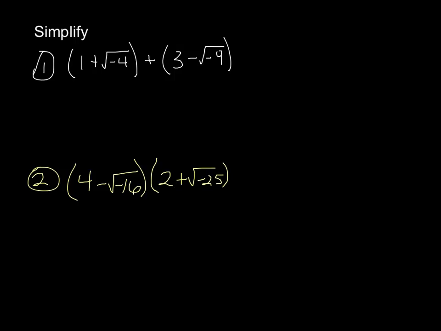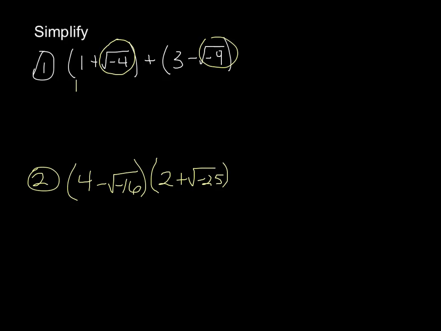Okay. So let's look at a couple more examples, just doing some basic things here. 1 plus the square root of negative 4 plus 3 minus the square root of negative 9. The first thing we would want to attack here is the fact that we've got negatives under the radicals.